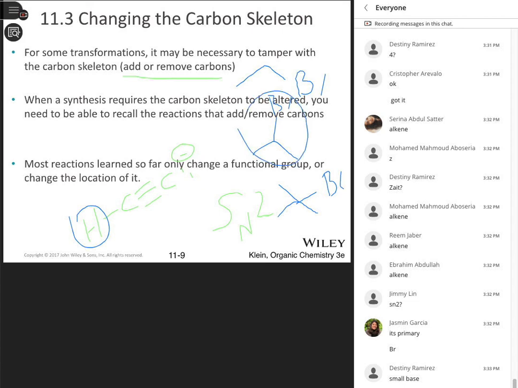That means I can't do an SN2 reaction with this one or this one because it's secondary or tertiary, because acetylide is a good nucleophile, but it's also a powerful base. And when it has a choice, it will react as a base.